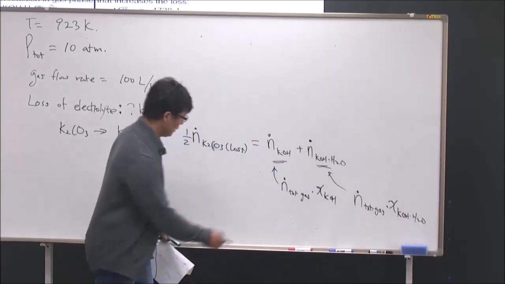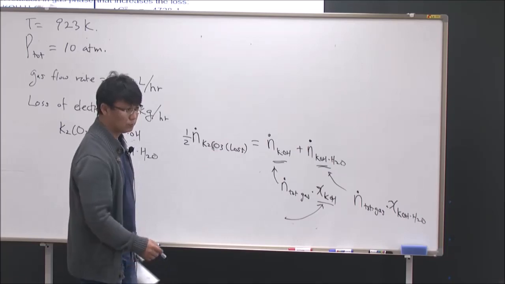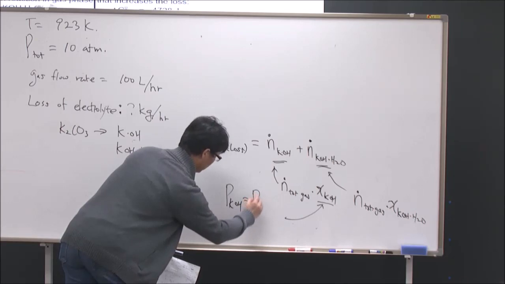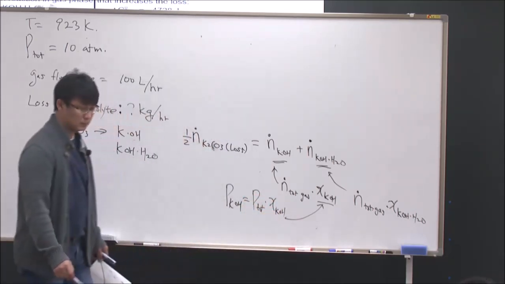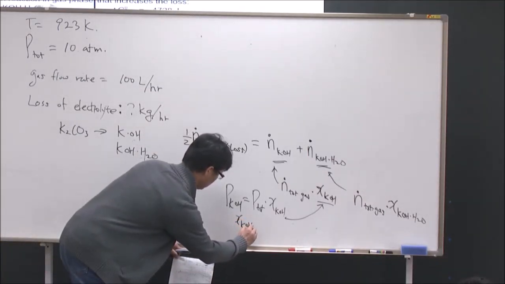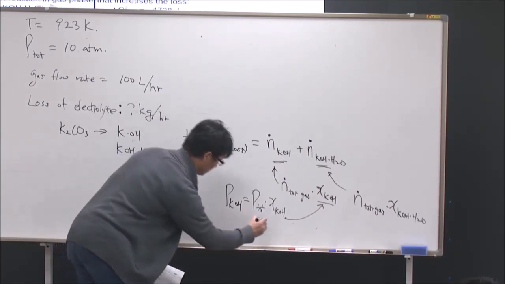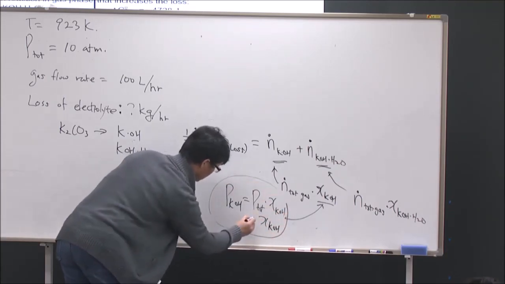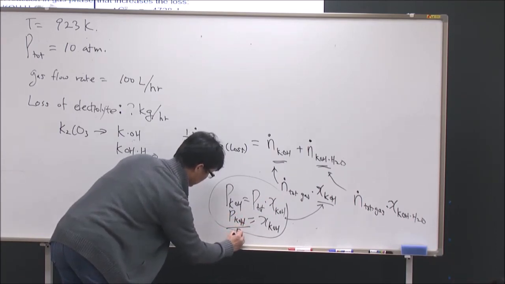And this one is from the partial pressure. So partial pressure of the KOH equals P total times mole fraction of KOH. So X KOH equals P KOH divided by P total.